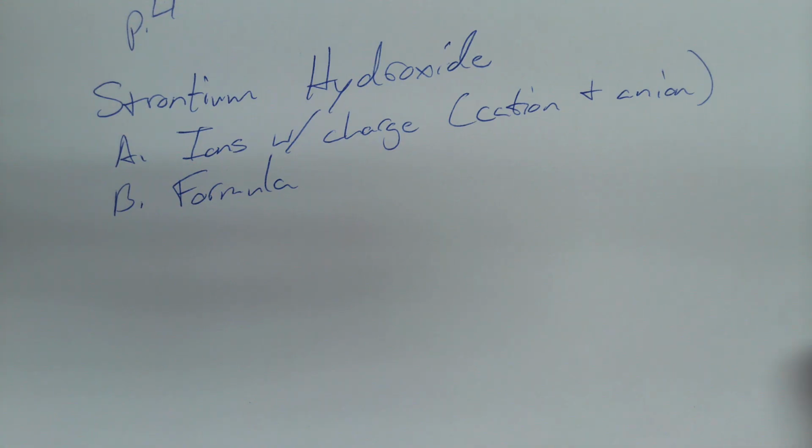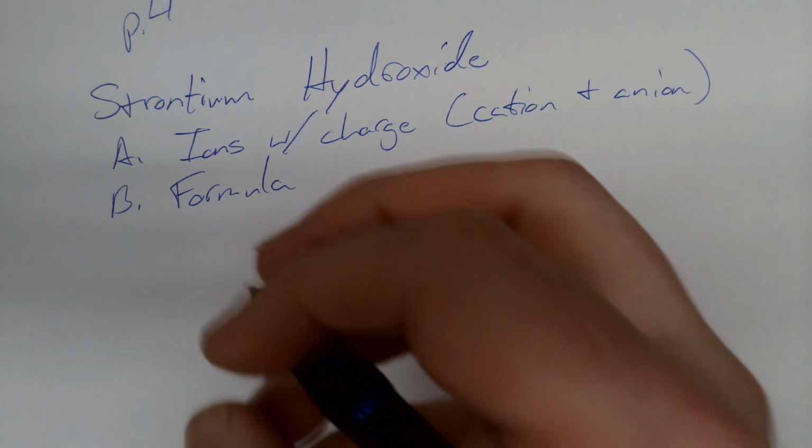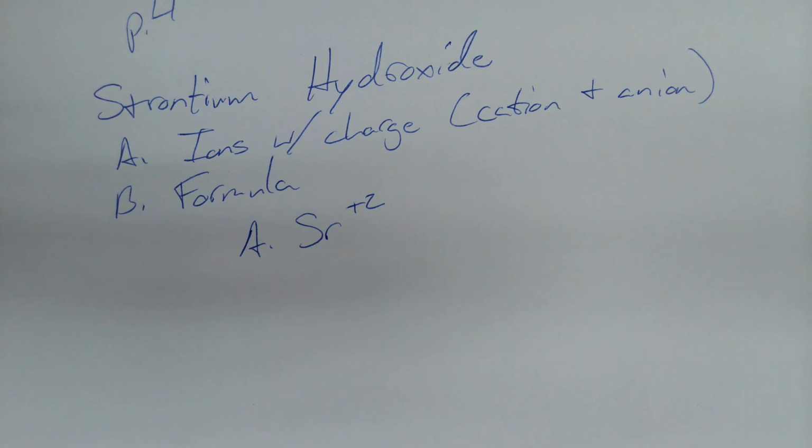Now, we said strontium already is in group 2. It's the 4th member of the alkaline earth metals. So I'm looking at A. I know strontium, Sr, is only going to form a cation of +2. Does that feel familiar?